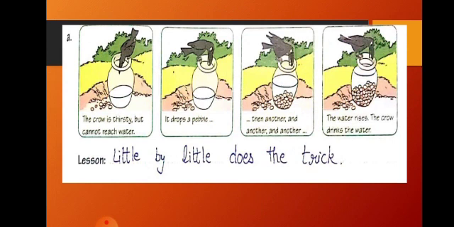So what the crow does is it drops pebbles one after another, and the water level rises and the crow is able to drink the water now. So the lesson of this fable is, little by little does the trick.